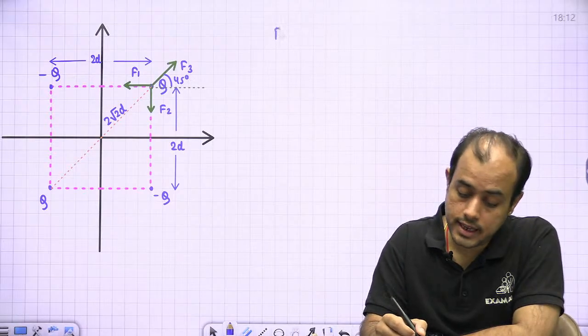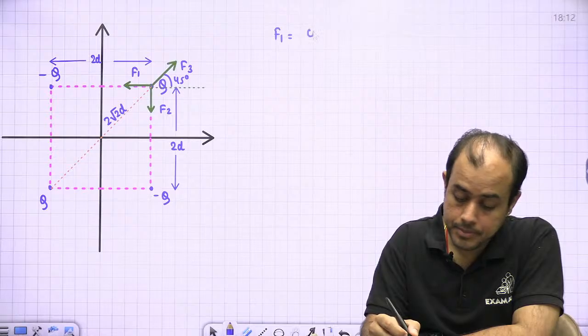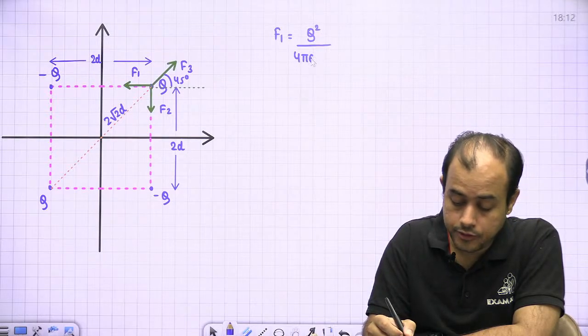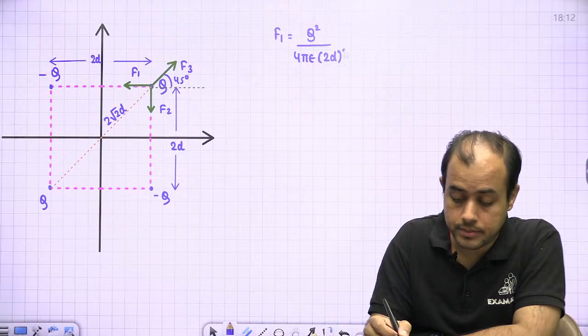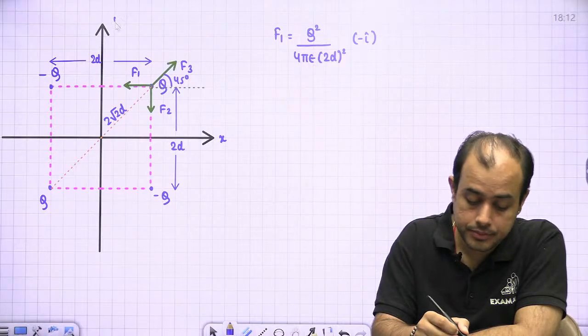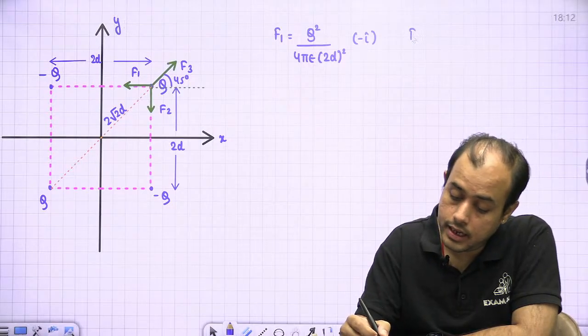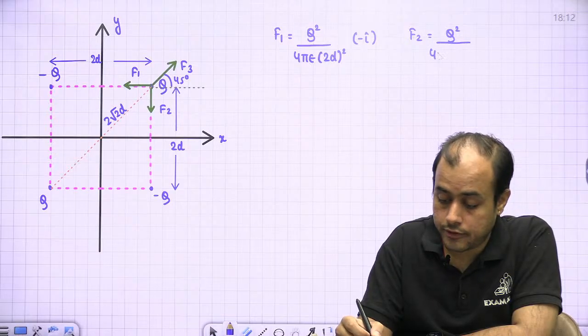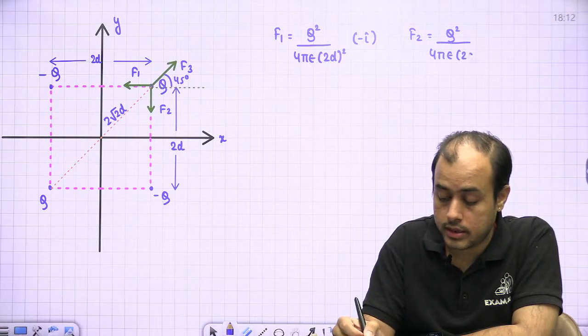So now what is F1? Q square by 4 pi epsilon 2D square. It is to the left, minus I cap. F2, Q square by 4 pi epsilon 2D square.